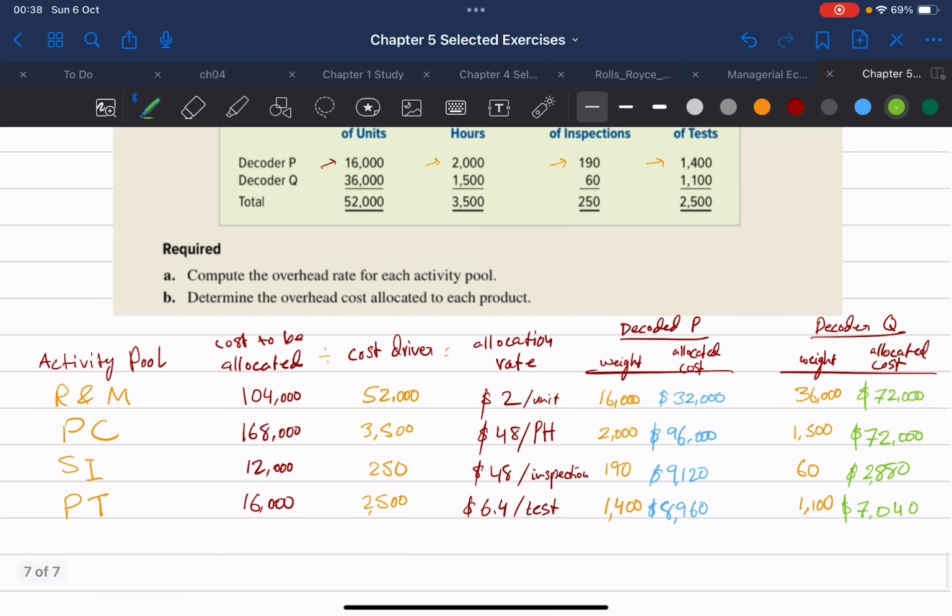All right. Now, all we need to do is tally up the total. For each one, we need to know the total overhead allocated for each decoder. So for decoder P, we're going to say 32,000 plus 96,000 plus 9,120 plus 8,960. That will give us, let's use blue, $146,080.